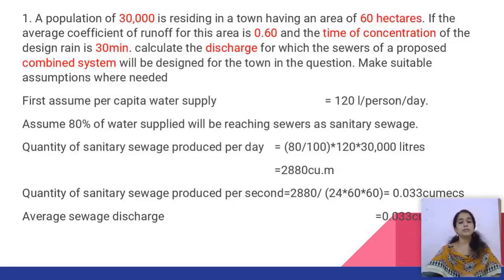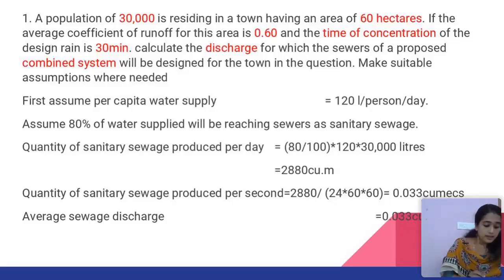Okay. Then here, first assume the per capita water supply. This you can assume; 120 is a very less amount. So we can assume it in between 150 and 200 liters per person per day.